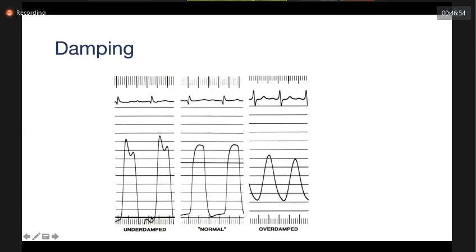Here, underdamp, the system is not properly damped. You have a problem of hyperdynamic circulation. Fluid is directly hitting the catheter. You have a short catheter, rigid tube. Then pressure is directly going and hitting the transducer. You have some kind of artifacts here. So what do you do here?